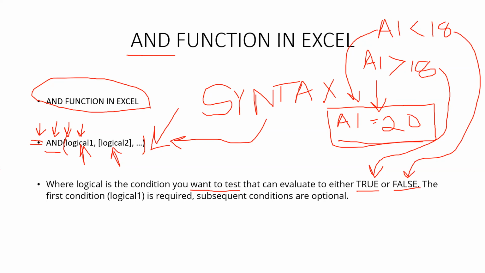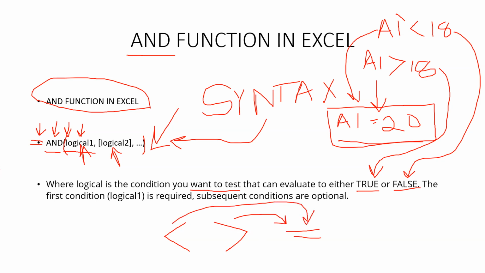Like I've said, with the AND function, you can have one logical condition or you can have multiple. You need to use either the greater than symbol, the less than symbol, or the equal sign. Or you can use a combination of these symbols with the equal to symbol.